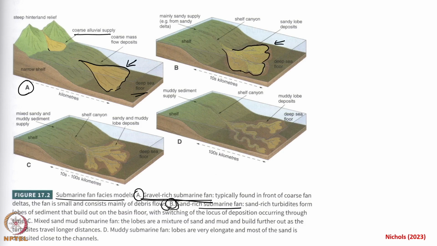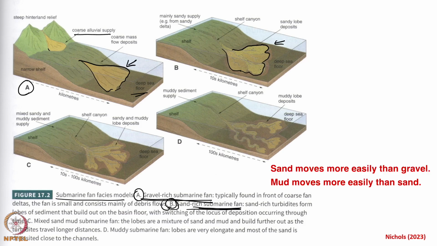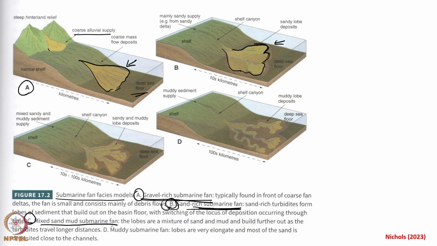Since in case of B, sand rich submarine fan, sand is more prone to movement, this detailed geometry is produced. Mixed sand mud submarine fan: here the spread will be more possible because mud is more mobile and we can see the more complicated geometry and more widespread material.